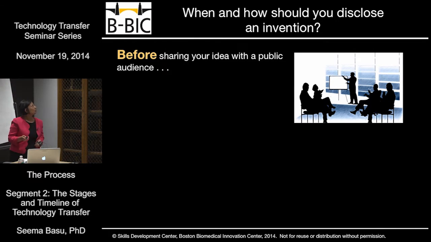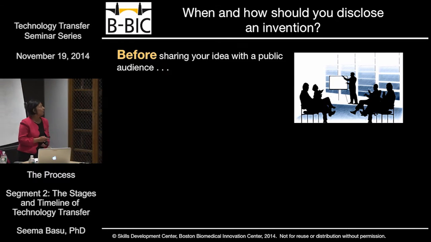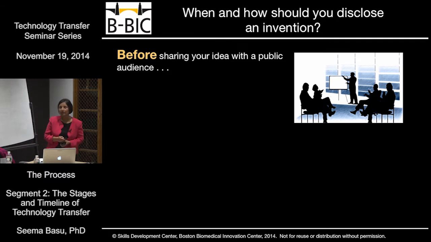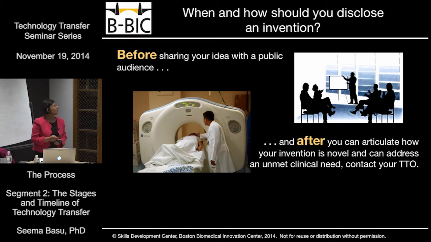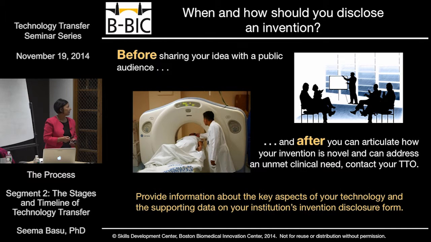So when and how should you, as an inventor, disclose an invention? Definitely, if it's an invention, before you share that idea in a public audience, in a public forum. And when you know that discovery or that science, you can articulate your invention as the solution to which unmet need, and what the key, novel aspects are, and that's a good time to disclose it to your tech transfer office.